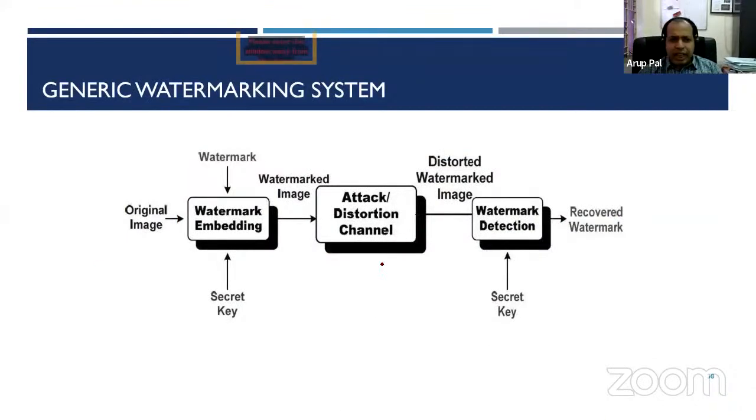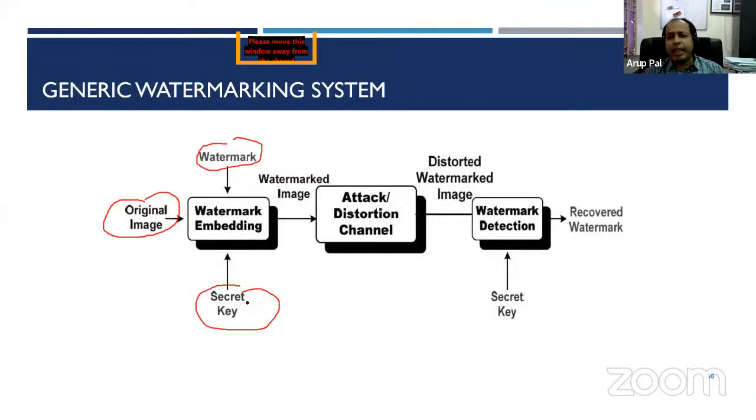Now, this is the generic architecture we basically follow to design any kind of watermarking algorithm. So what happens? You have original content and you have a watermark, and sometimes this watermark embedding process can be realized based on a secret key, because other people don't know what key is used in this particular process. Now, here the main contribution in this area is what kind of embedding process you want to realize.